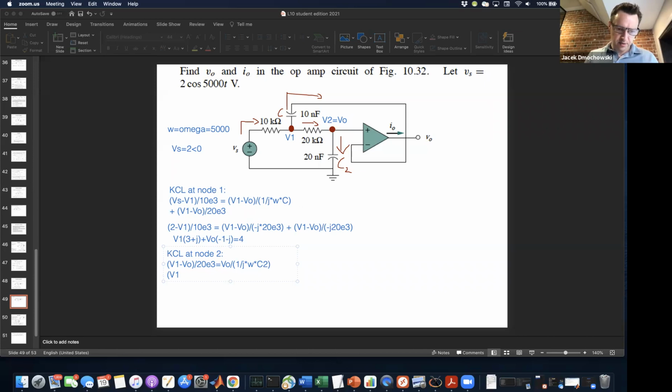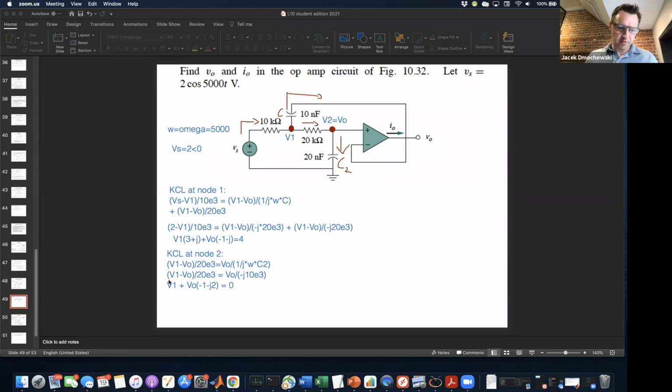And that simplifies to V naught over negative J 10E3. And the equation that we're left with is V1 plus V naught times (negative 1 minus 2J) is equal to 0.